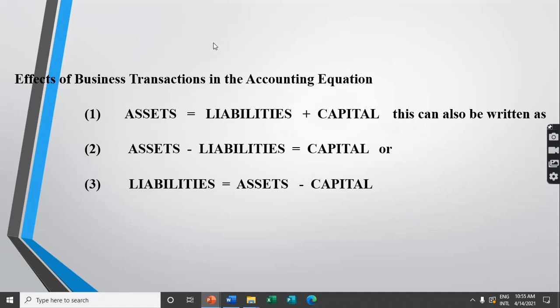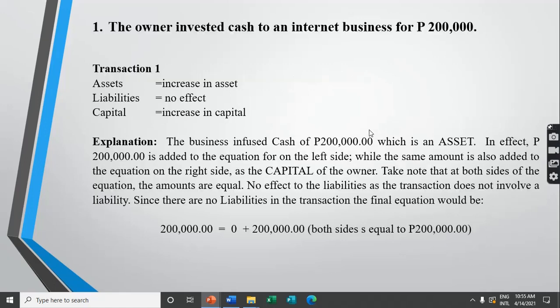Pero, pwede din siyang isulat na ganito. Asset minus liabilities is equal to your capital. Or, your liabilities is equal to assets minus capital, okay? Pero ang gagamitin natin na accounting equation is asset is equal to liabilities plus capital, okay?